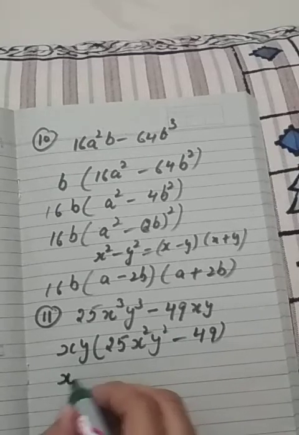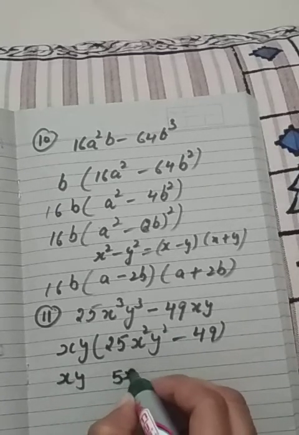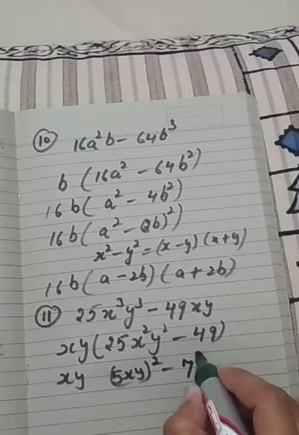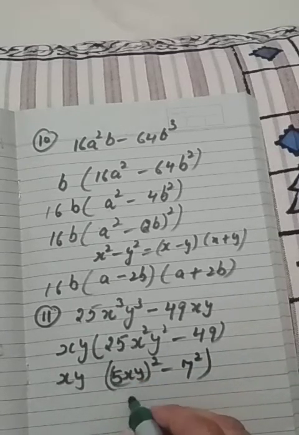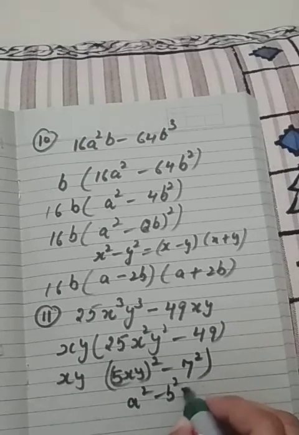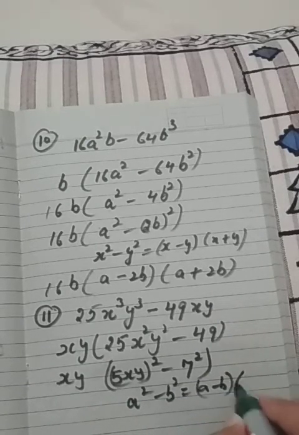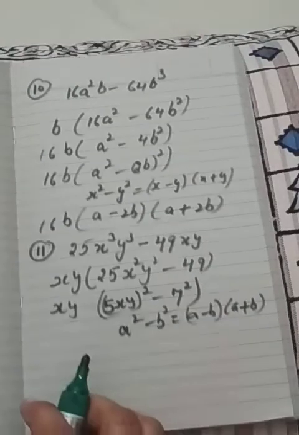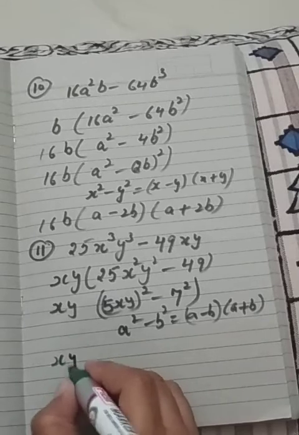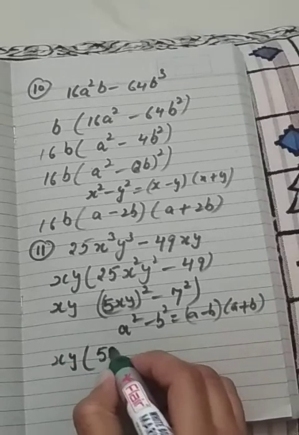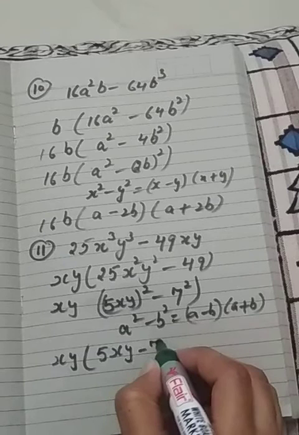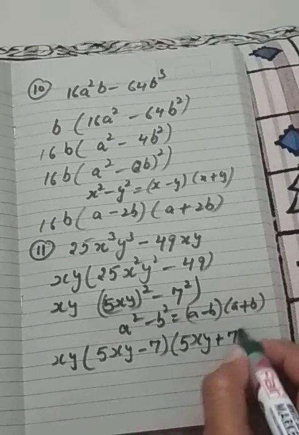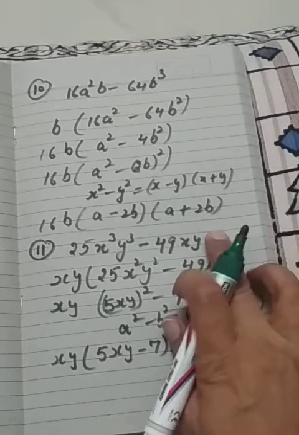Now make here complete square. 5xy is a complete square and 49 is 7 square, that is a complete square. Now a square minus b square, that is a minus b and a plus b. Now fill it. xy into 5xy minus 7 into 5xy plus 7. This is the factorization of this.